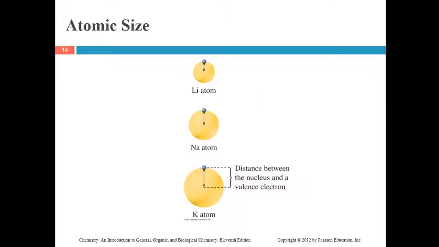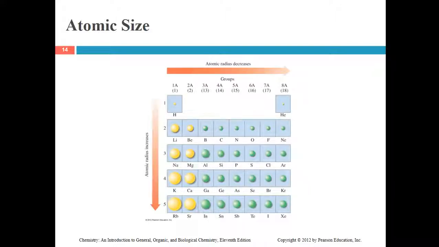As we're going down the periodic table, notice our lithium, our sodium, potassium, it's almost double the size every period number that you go down. Yes, it does get bigger. And yet here, as a whole, you will notice on our next slide that the atomic radius is going to decrease as we go across each period.